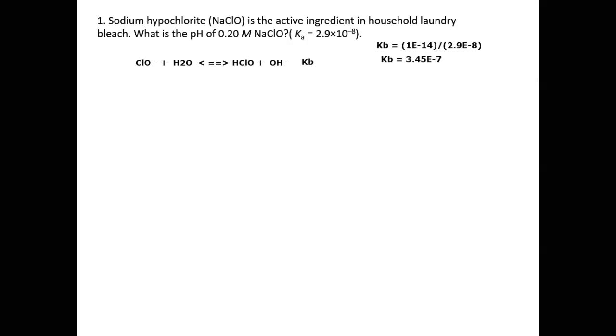Now we have the Kb, we can do the same jazz we did before. So again, initial, change, equilibrium. So initial, 0.2 for hypochlorite. 0 and 0.